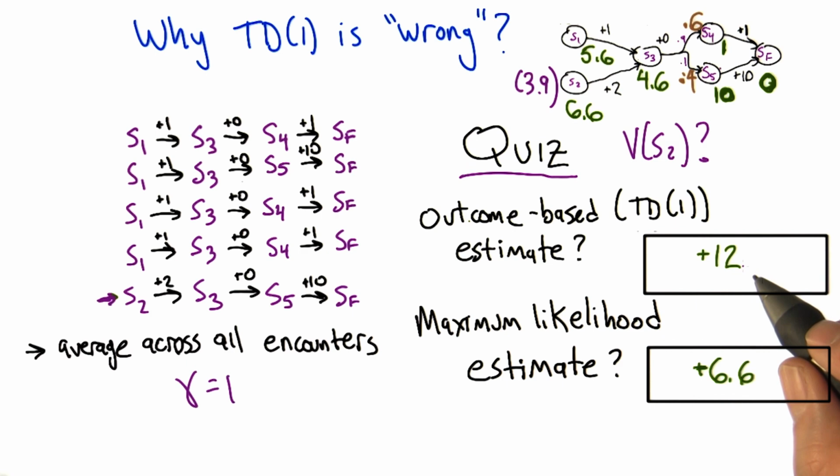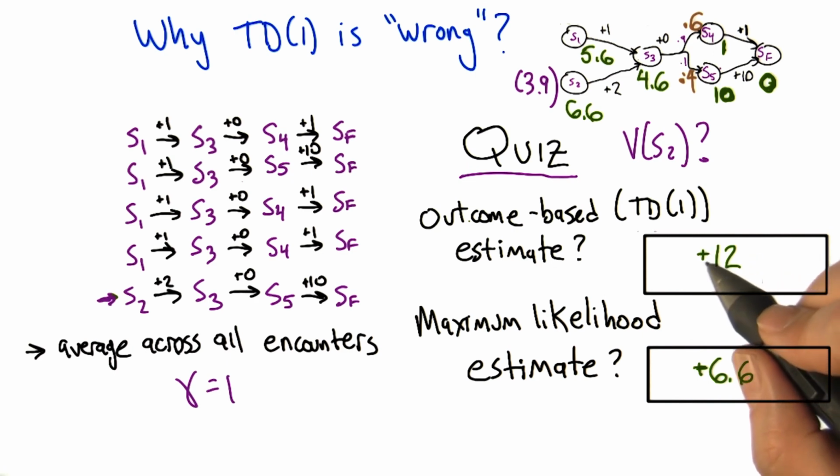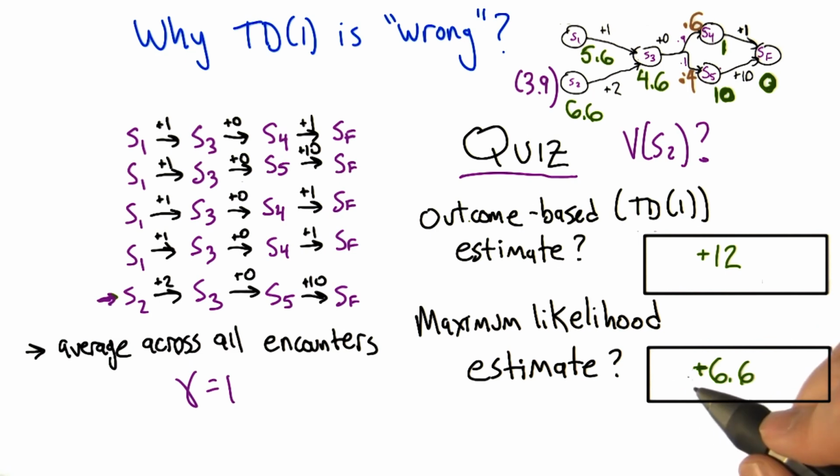You would imagine that if I triple the amount of data, the 6.6 would very quickly get closer to 3.9, and the 12 might not move at all if I never see S2 again. Good. So this maximum likelihood estimate is actually using more of the data.